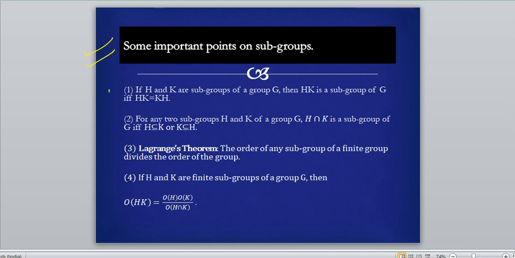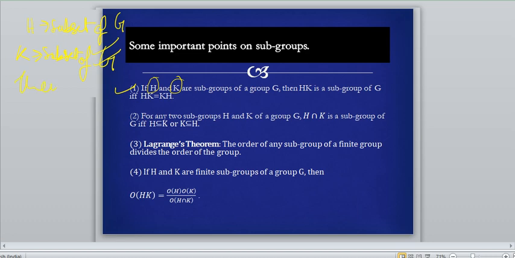The first point says that if H is a subset of G and K is also a subset of G, and H, K are subgroups of G, that implies HK, that is the multiplication, is a subgroup of G only when this condition is satisfied.